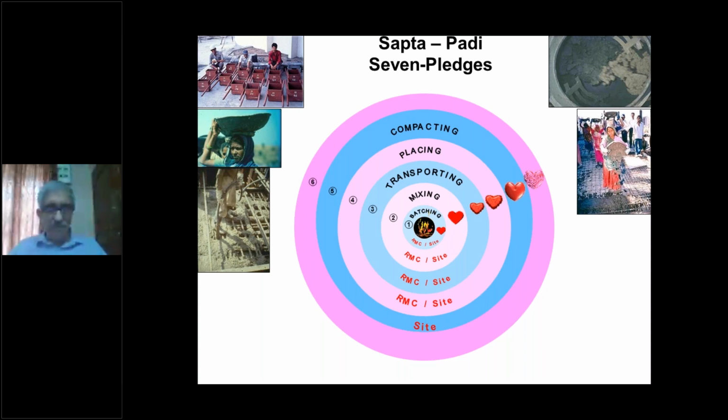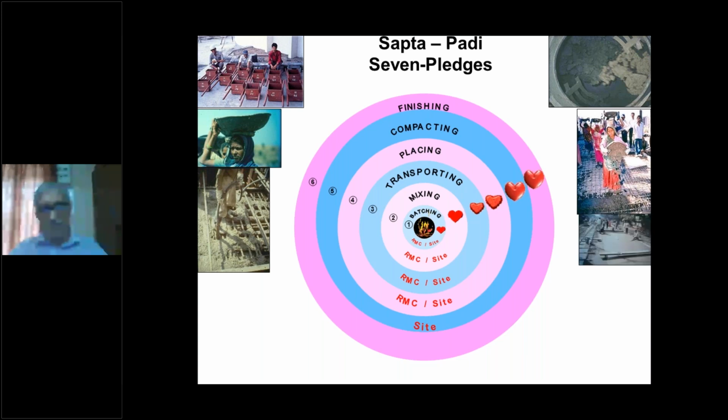The next step is to finish the concrete. Finishing means troweling the concrete and leveling it properly so that it looks beautiful, does the job, and also gives durability. Both.